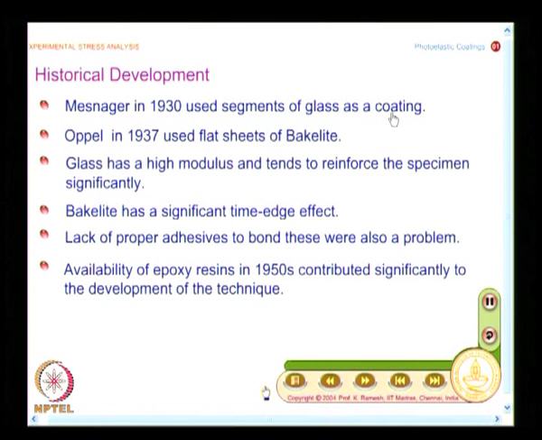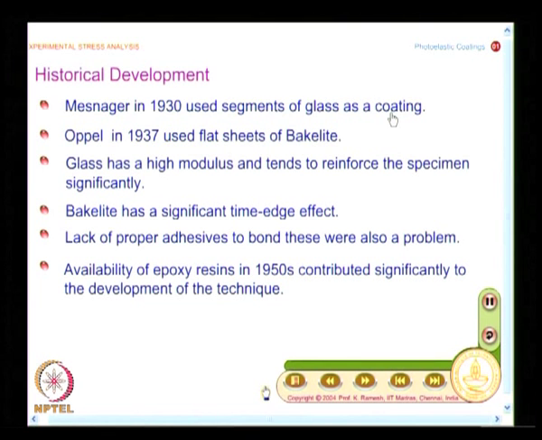It is very surprising: we have seen in photoelastic materials that glass is also a photoelastic material, and it has a Young's modulus of 70 GPa, equivalent to aluminum, whereas all other plastics had only 3 GPa. Because of this very high Young's modulus, one of the problems with glass was that it reinforces the specimen significantly.